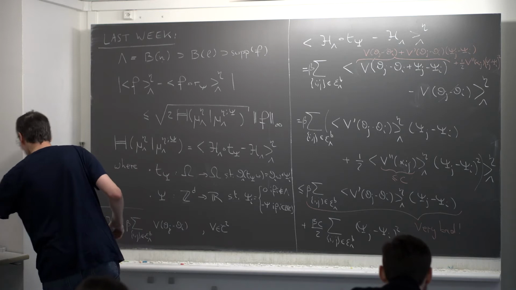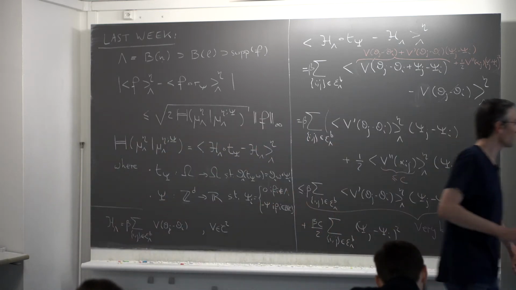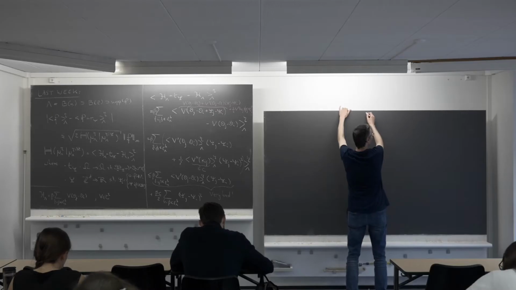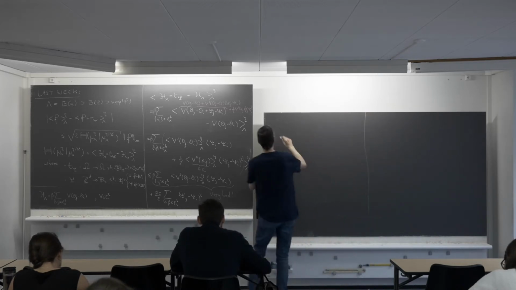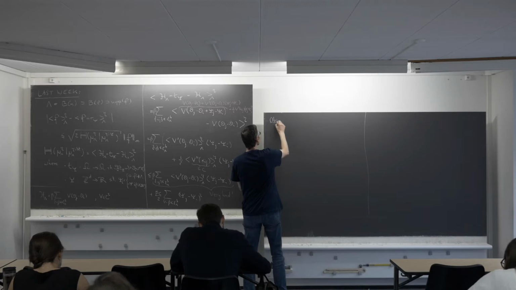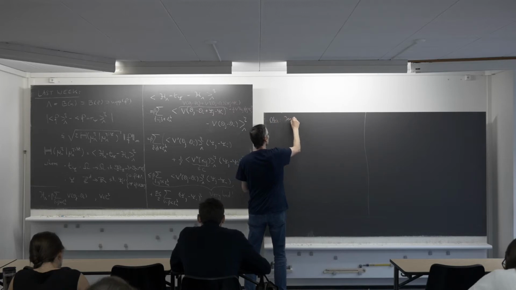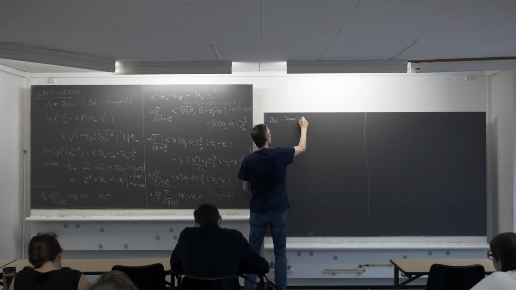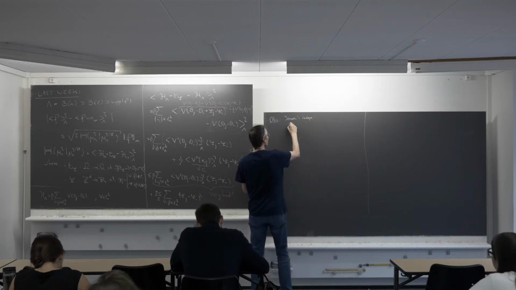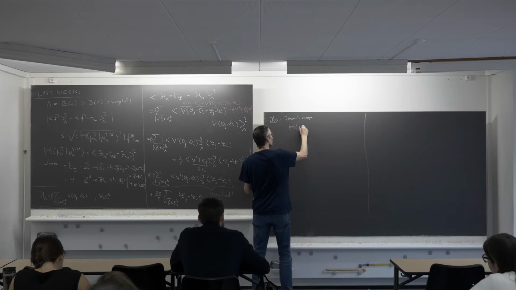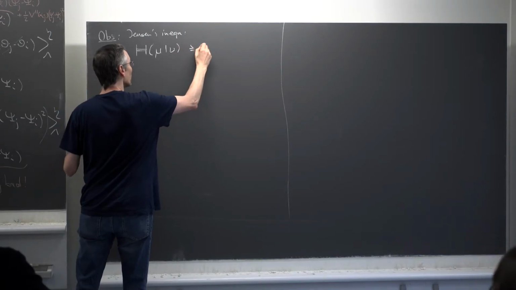And the very nice trick is the following. It's relying on a very simple observation. The observation is that by Jensen's inequality, the relative entropy between any two measures is always non-negative.